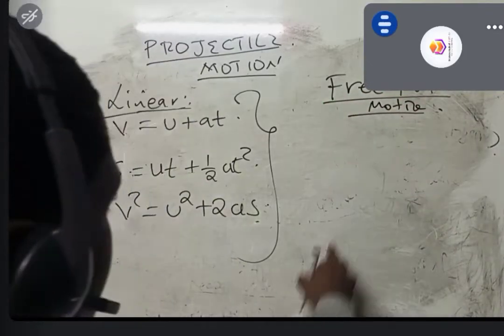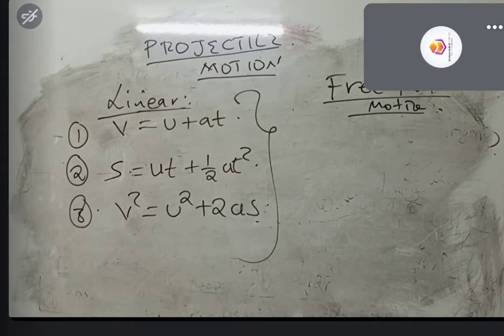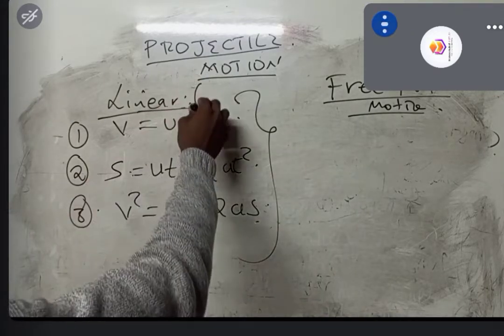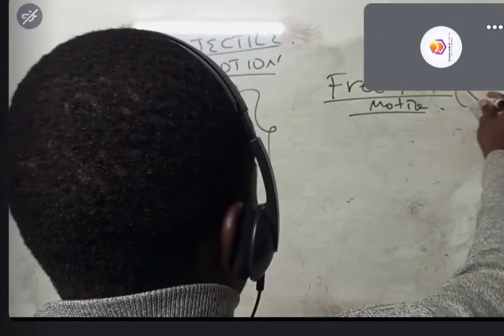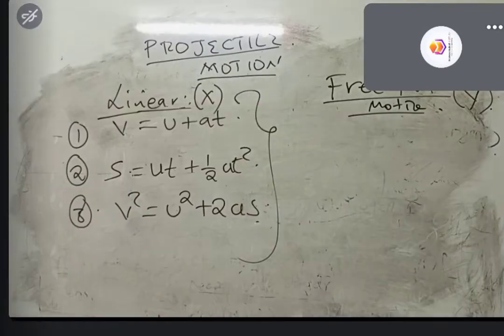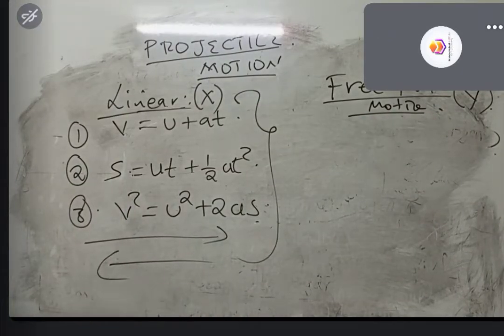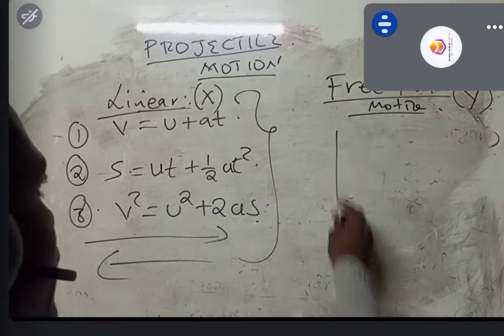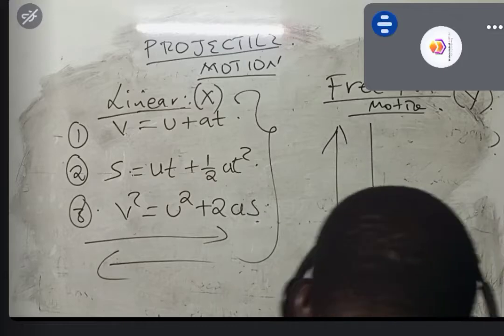Under free fall motion, I'm going to talk about up and down. Remember, in linear motion you're studying the x direction. For free fall motion, you're studying the y only. Here you have something going up and down.